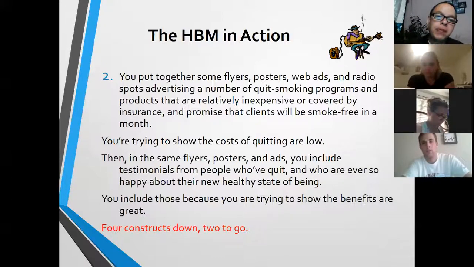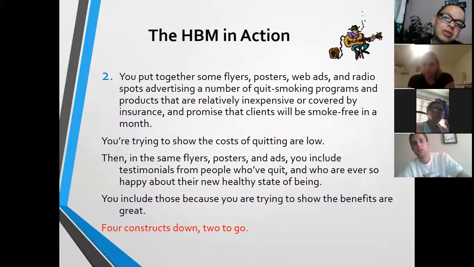So then in the flyers, they continue saying that there are testimonials from people who've quit. And it says that we include those because we're trying to show that the benefits are great. So it says there are four constructs down, 2 to go.